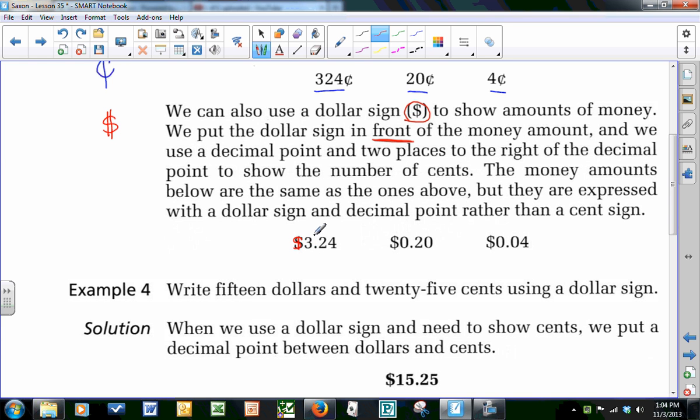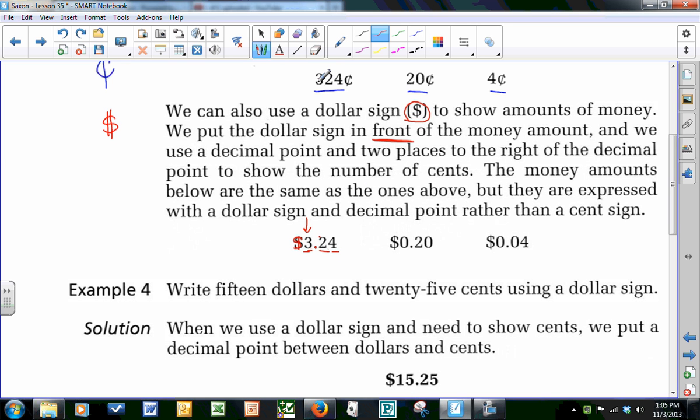And then this first area before the decimal, that first number, indicates the dollars that you have. So this has $3, and then the cent sign is always going to be two place values after the decimal.